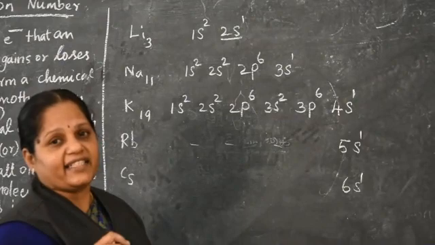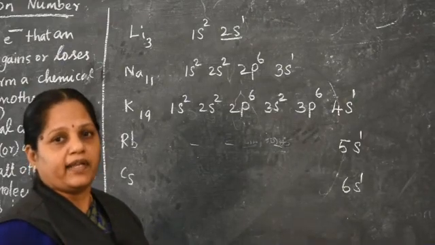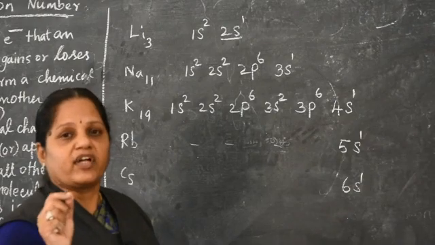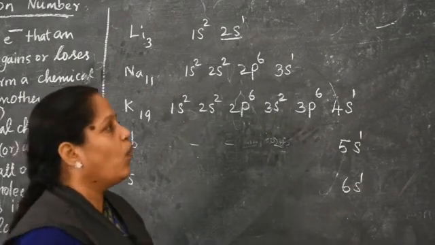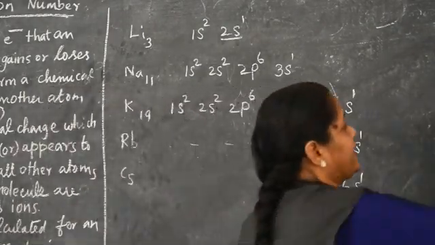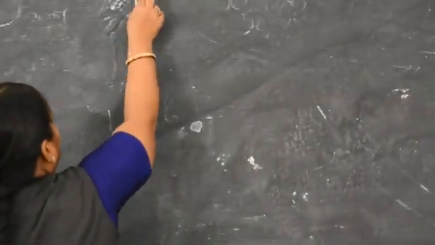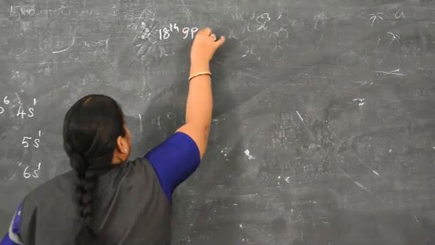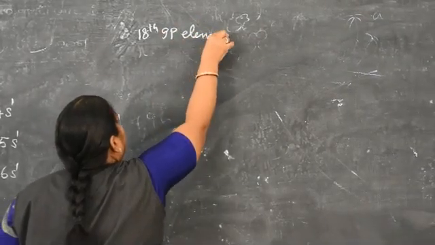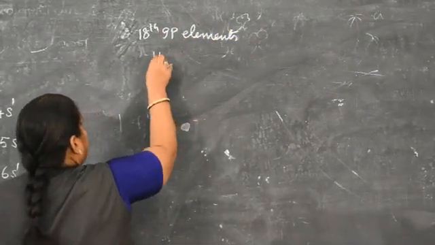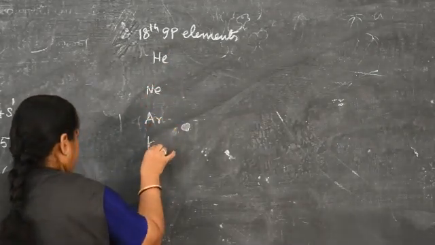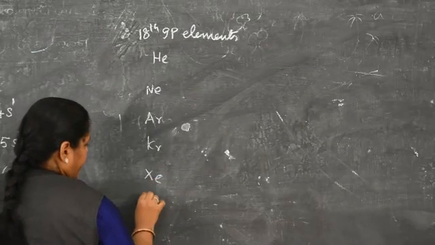Instead of writing like this, you know what the inert gases are: the 18th group elements. Except helium, all others consist of 8 electrons in the outermost shell. What are the noble gases, or 18th group elements? Helium, neon, argon, krypton, xenon, radon.